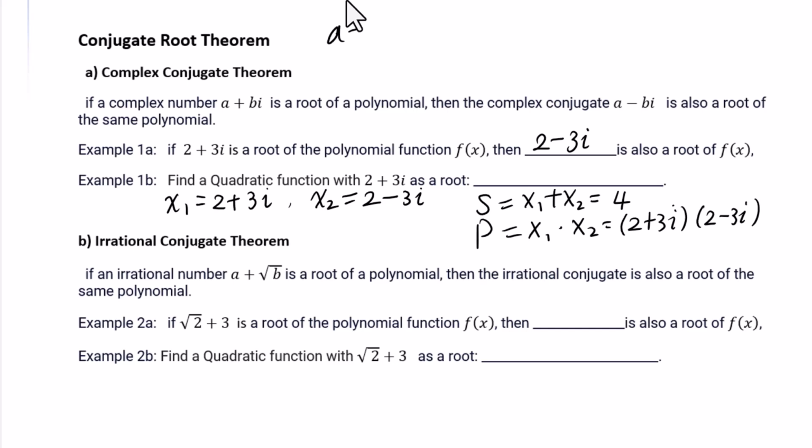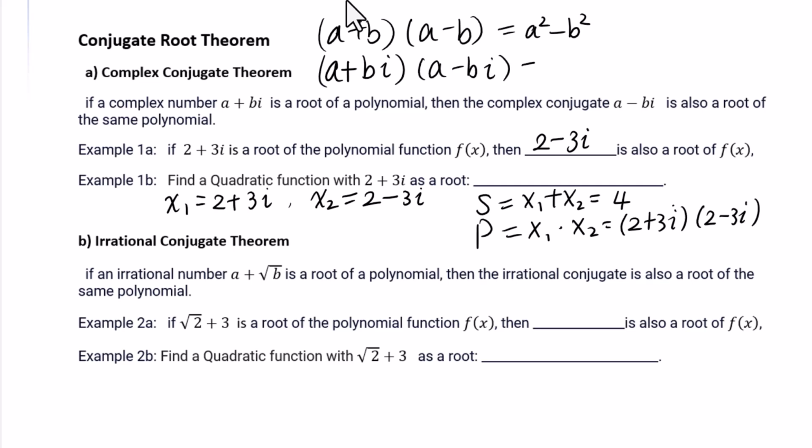We do know a plus b times a minus b equals a squared minus b squared. Then for complex numbers, a plus bi times a minus bi equals a squared minus b squared i squared. Since i squared equals negative 1, we get a squared plus b squared. We will get 2 squared plus 3 squared equals 13.